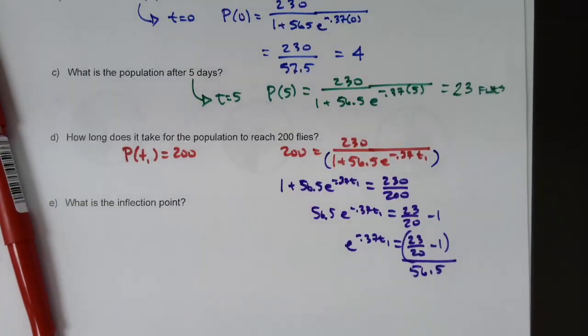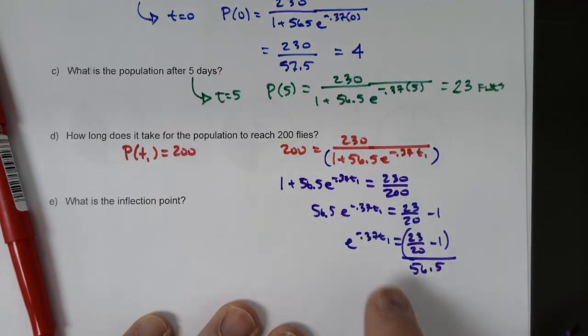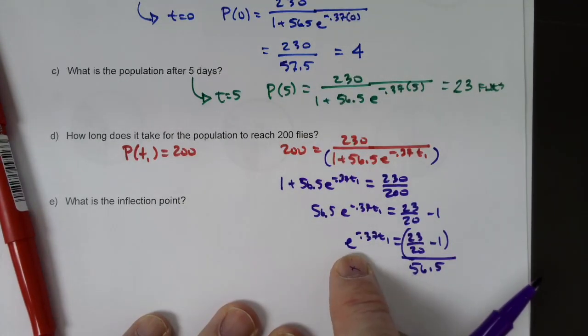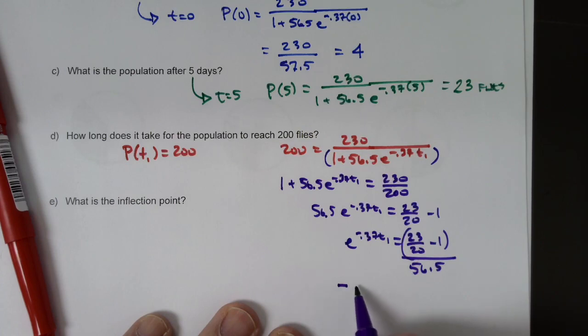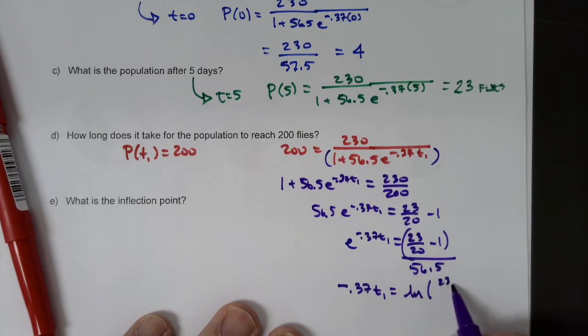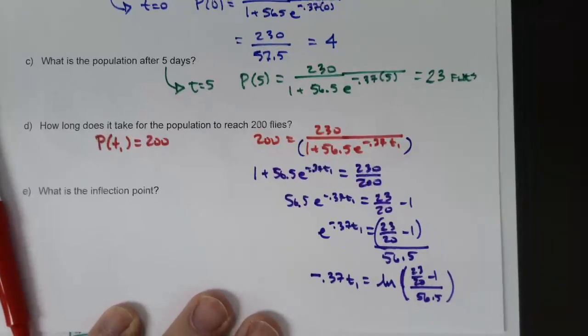And then we're going to take the natural log of both sides. That's going to leave us with, the e is going to go away because it's the natural log of e, and then this exponent becomes the coefficient, negative 0.37 t1 equals the natural log of 23 divided by 20 minus 1, all of that divided by 56.5.